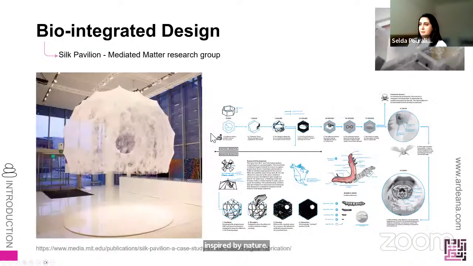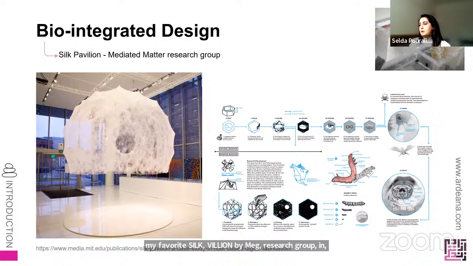I need to go very fast. So this is another one which is my favorite: Silk Pavilion by the Mediated Matter Research Group at MIT Media Lab, directed by Neri Oxman. What they studied here is the behavior of the silkworm, and they understood that according to the environment, this worm can knit the environment and shape that cover for its silk cover.